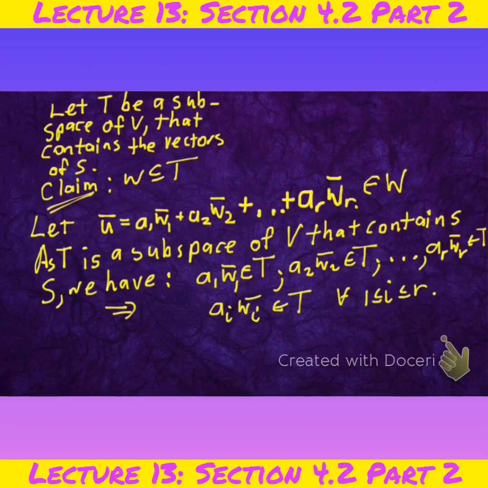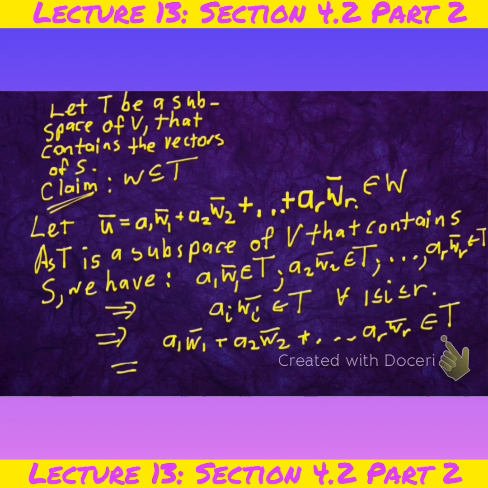Now remember, T is a subspace, so T is closed under addition. Therefore A1W1 plus A2W2 plus everything that you're adding together, up to ARWR, is going to be in T, because T is a subspace.